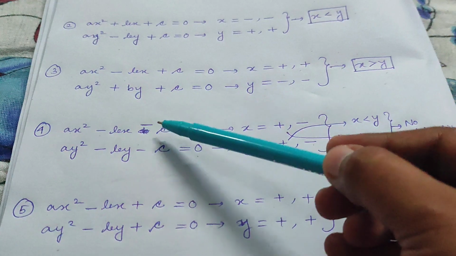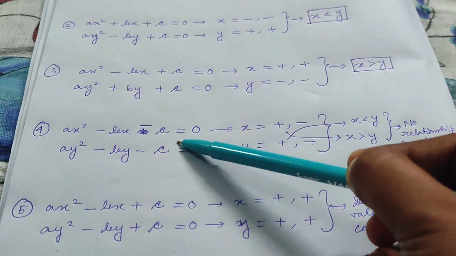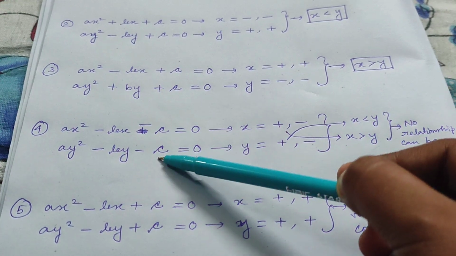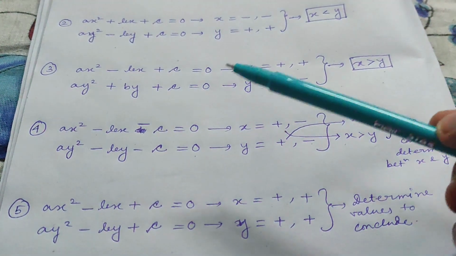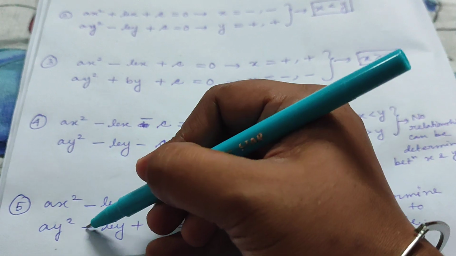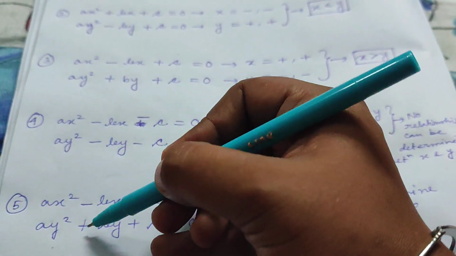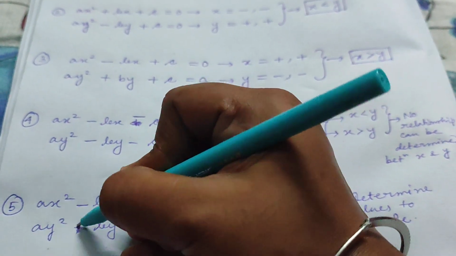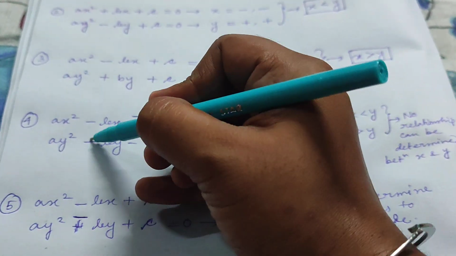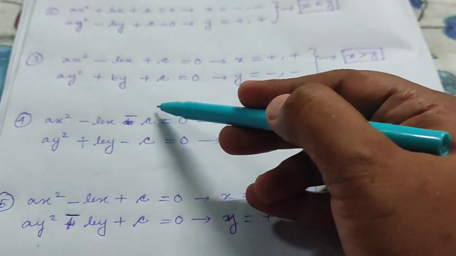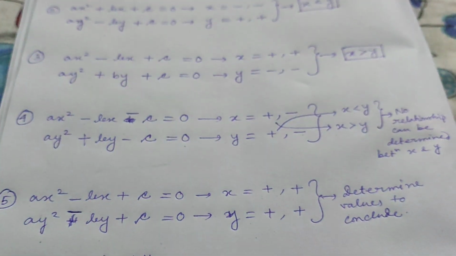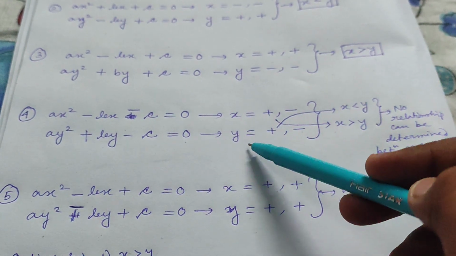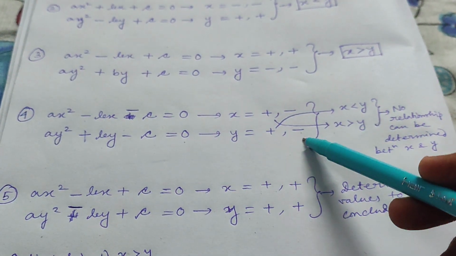Now see the third equation. Here, in both equations the constant c carries a negative value, and as we know, when the constant is negative, the middle term could be positive or negative. But when both constants are negative, x carries a positive and a negative value, and y also carries a positive and a negative value.